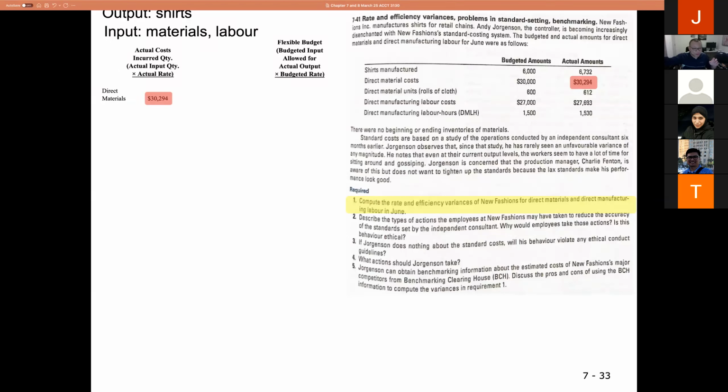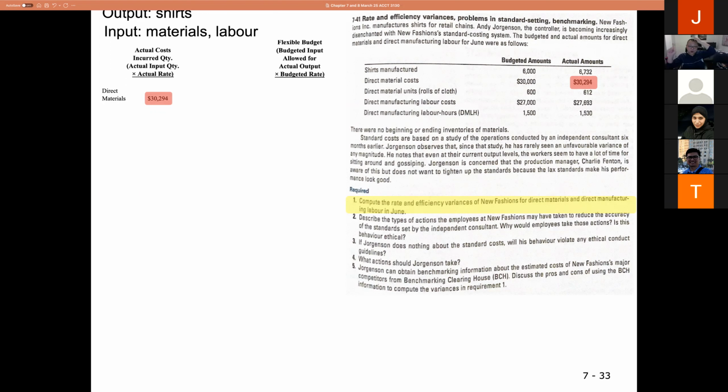You want to know the conversion. How many input you need in order to make one output? In another way, how many rolls of cloth, that's the input, you need for one shirt? You need to know that.